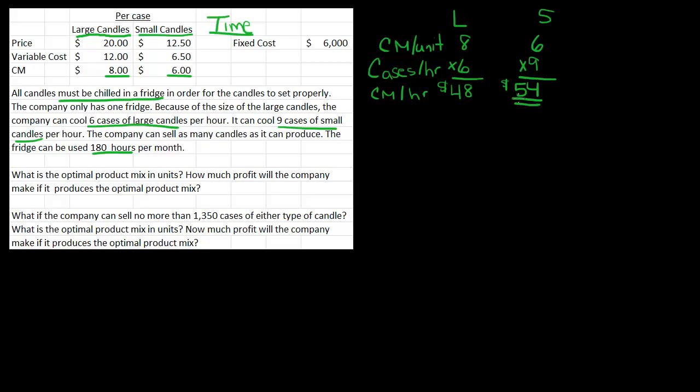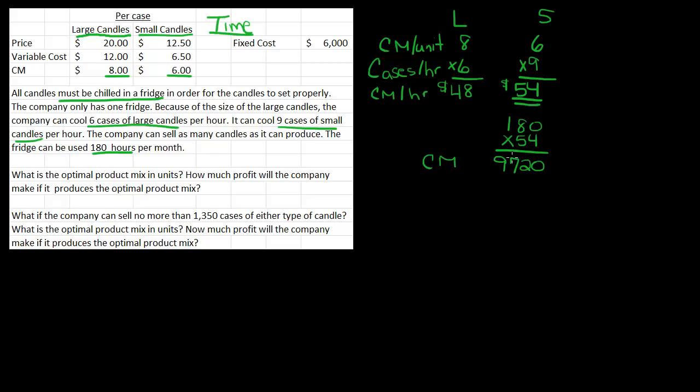Well, let's take a look. If I can make $54 per hour, I have 180 hours times $54 per hour. My contribution margin would be $9,720. Contribution margin. Okay.